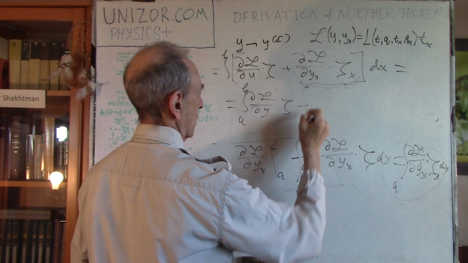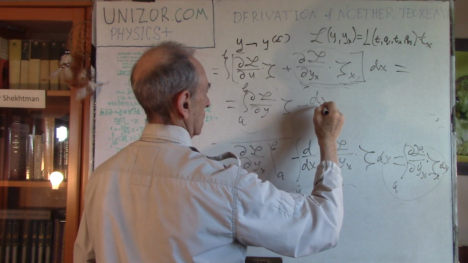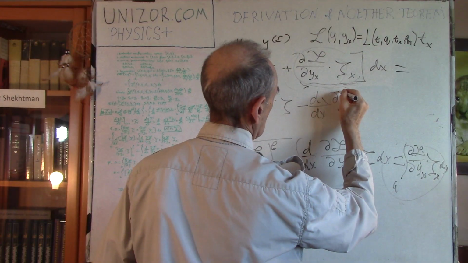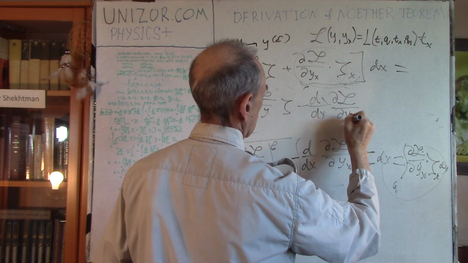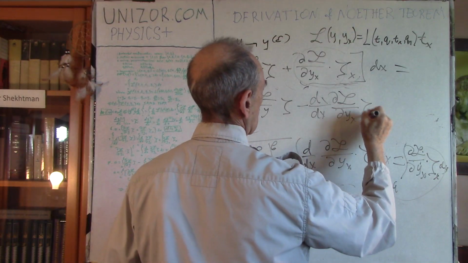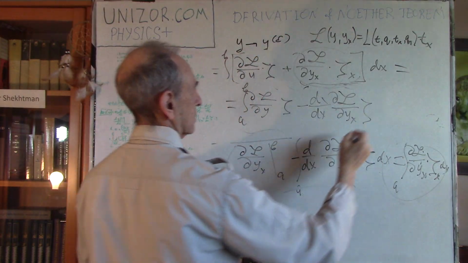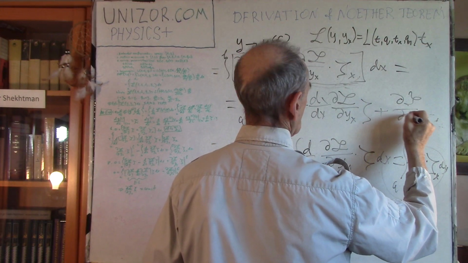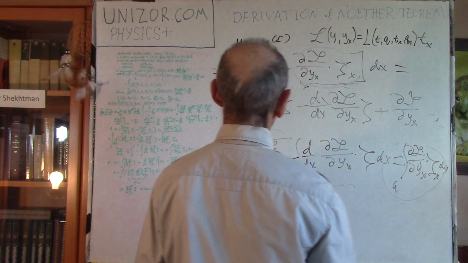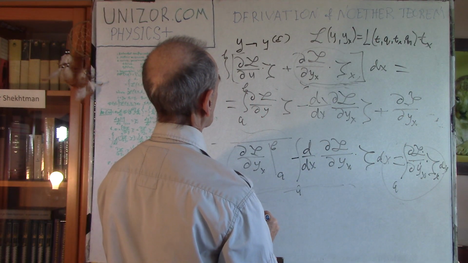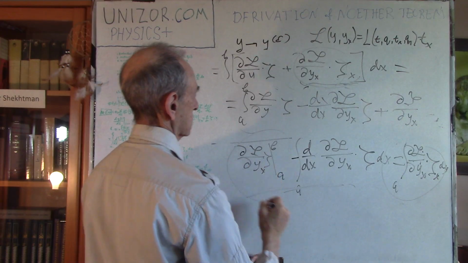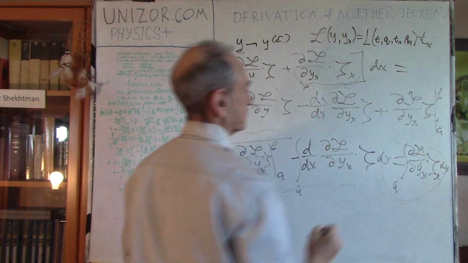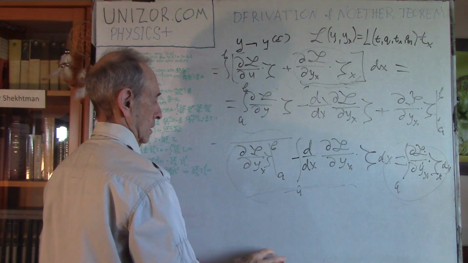So let me do first minus d by dx of dl by dyx zeta, plus this one, dl by dyx, oh, I think I forgot the zeta piece here, times zeta from a to b. Almost done.